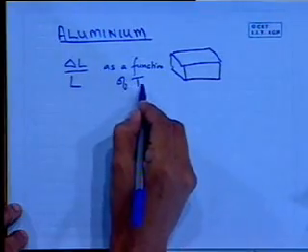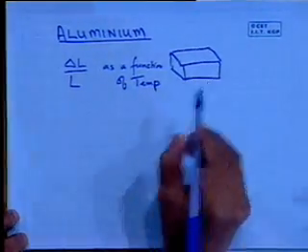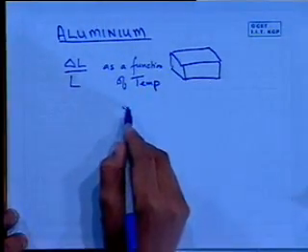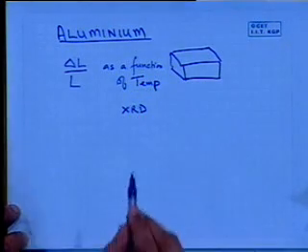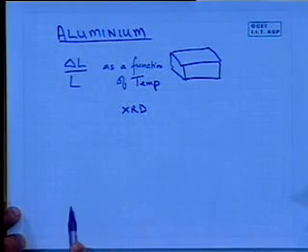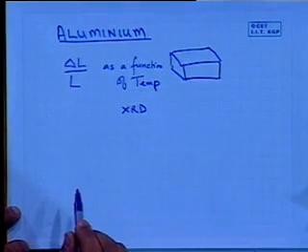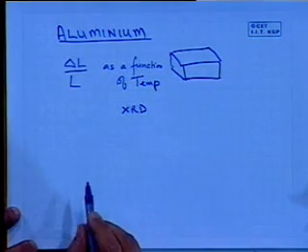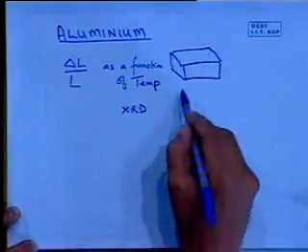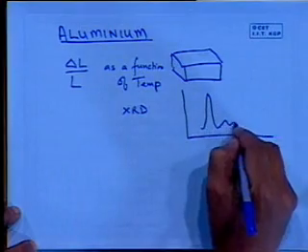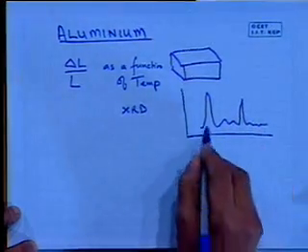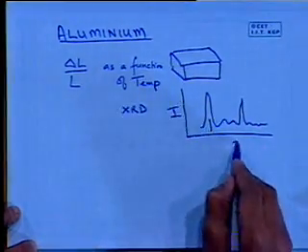I can also do something else. I can take the X-ray diffraction at various temperatures for a heated block of aluminum. And from that, what do I get? For any given X-ray diffraction pattern, I will get peaks depending on the structure. What I get here is intensity versus 2 theta.